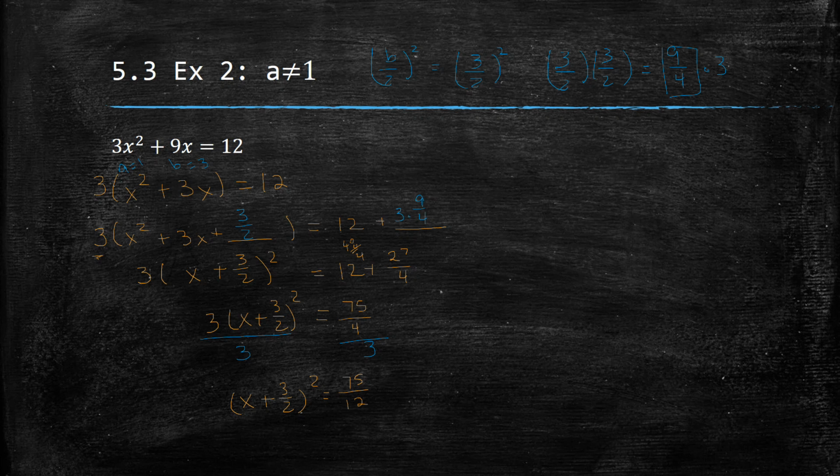Now to solve, we just take the square root of both sides. This cancels with that. So we're left with x plus 3 over 2 is equal to the square root of 75 over 12.